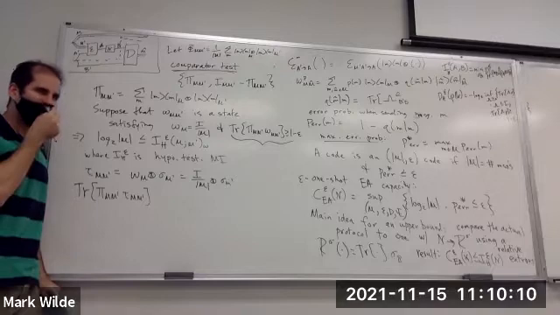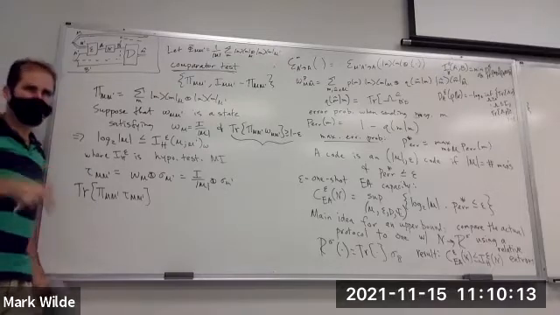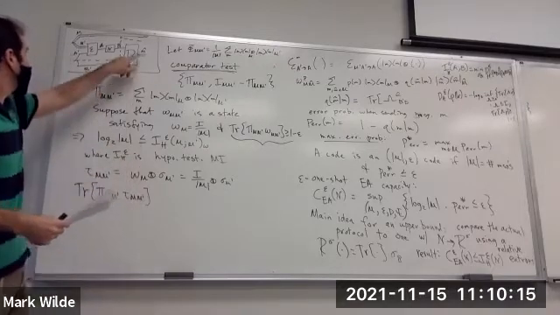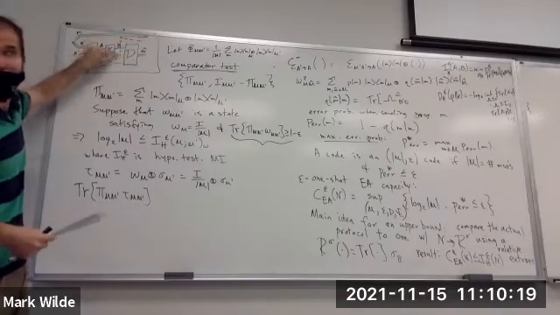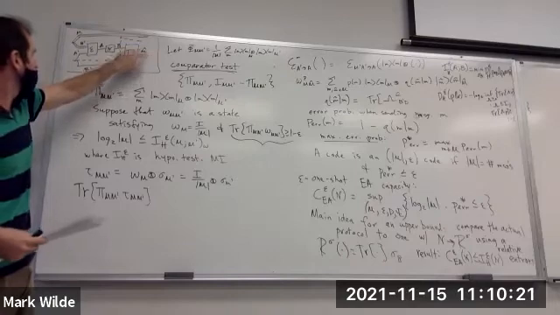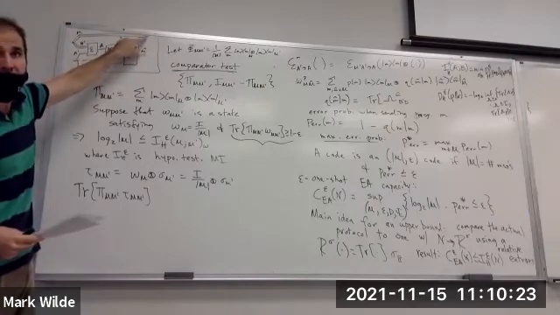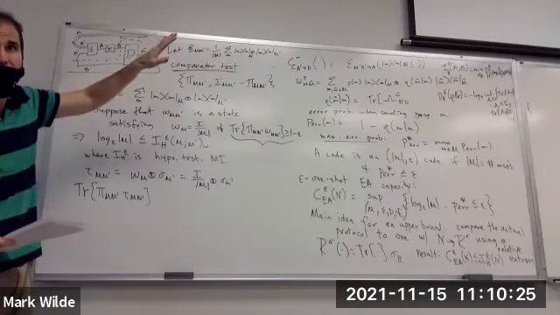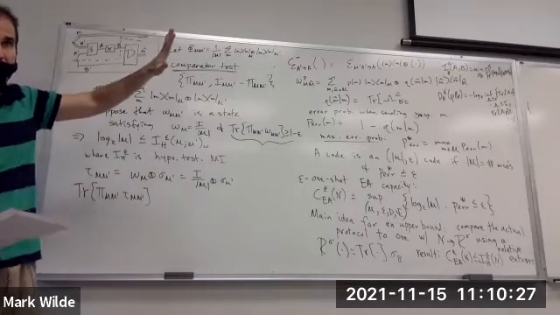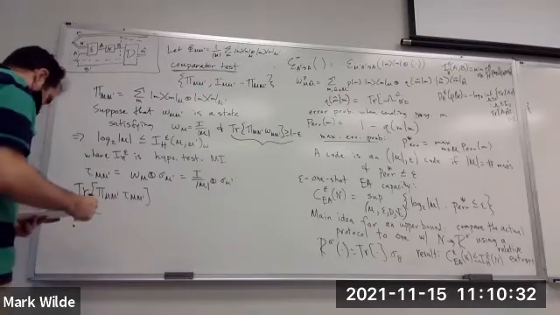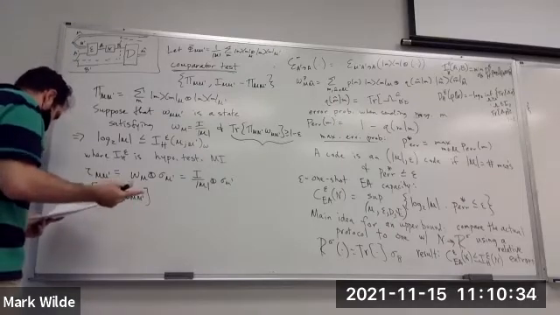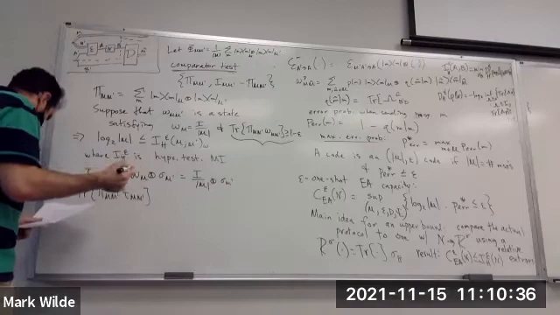And it's going to be the same as random guessing. So if you had no idea what was in this register, which will be the case if this is a replacer channel, then your probability of guessing this value in here will be 1 over the number of messages. No better than random guessing. That's going to be the result. Okay? So let's do the calculation, and we'll see if that's true.